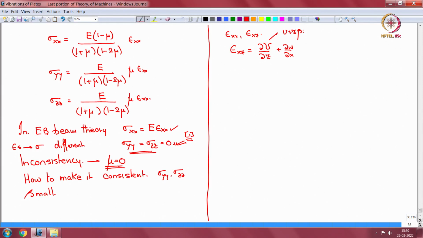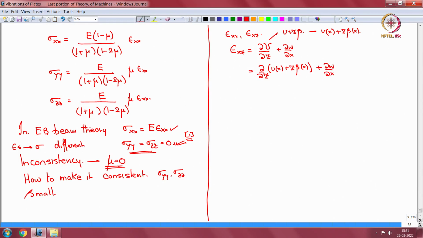Okay, and small u was a function of x, z is z, and beta is a function of x again. Okay, so this is equal to del by del z of (u of x plus z beta of x) plus del w by del x.